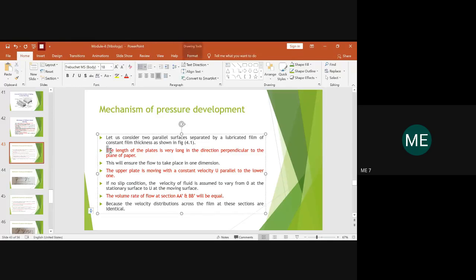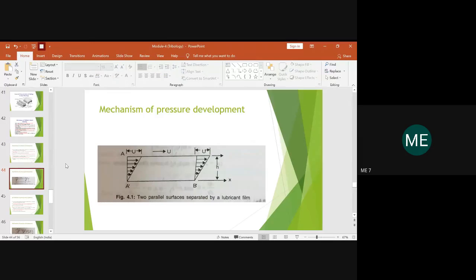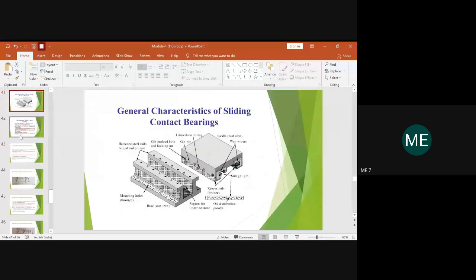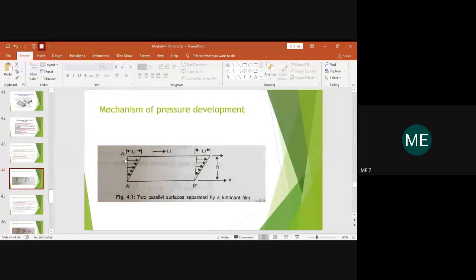Next you should see that the length of the plates is very long in the direction perpendicular to the plane of paper. If this is the length of plate 1 and plate 2, the length of plate 1 and plate 2 is assumed to be very long.